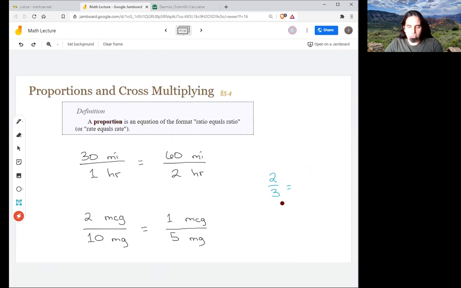Or if we had something like 2/3 is 1/8 plus y, then there's something else happening on the side. That's not a proportion. So just that simple, right? A rate or ratio equals a rate or a ratio.